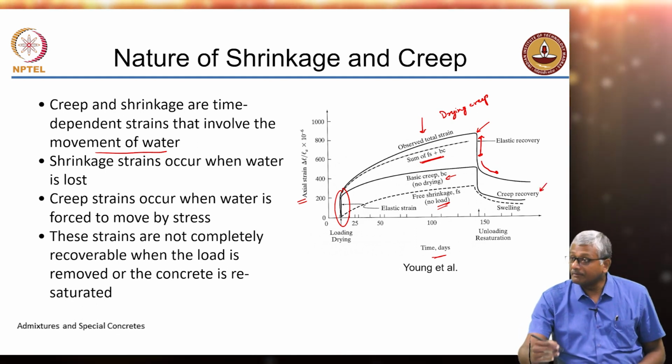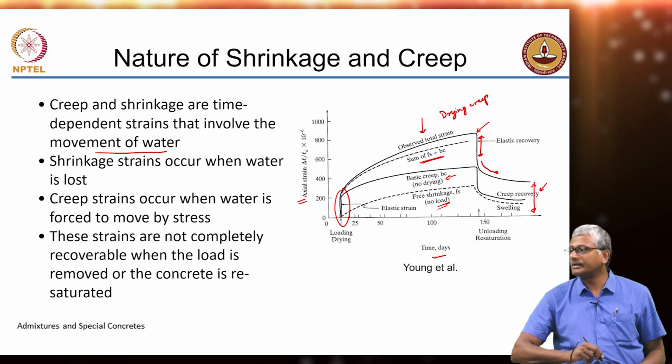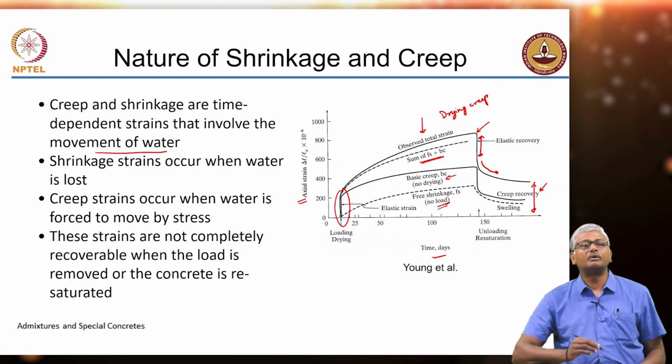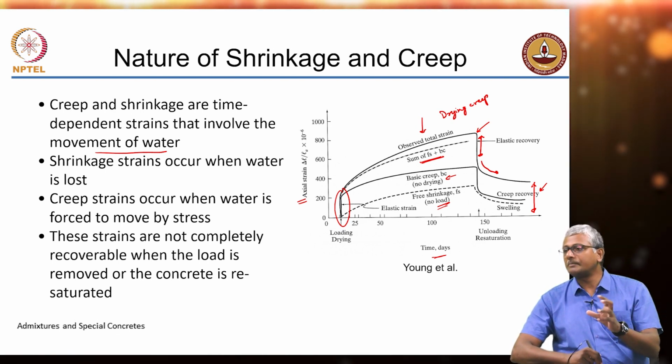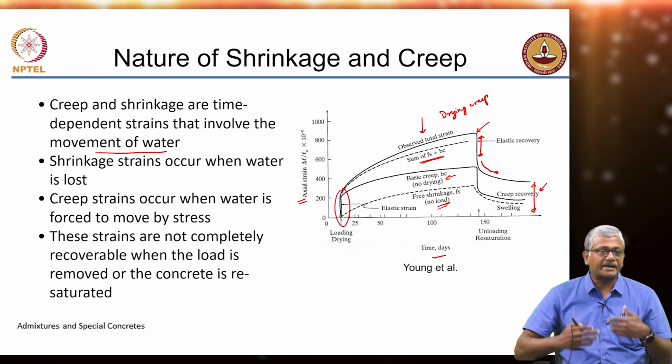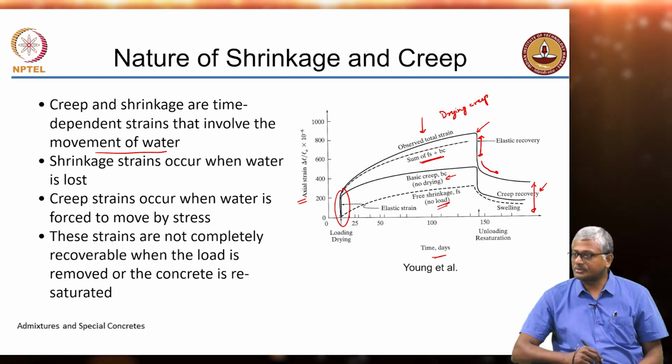But even after removing complete load, you still have a permanently built up strain in the system, which will never go away. And because of this, creep and shrinkage can produce strains that are additive in nature, leading to a quicker collapse of your structure.